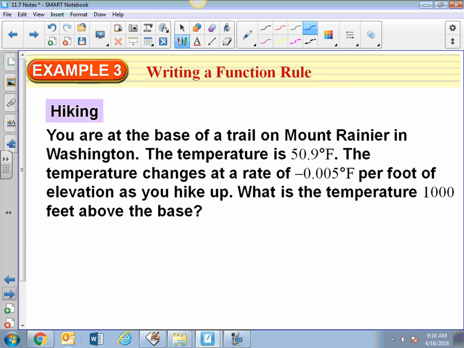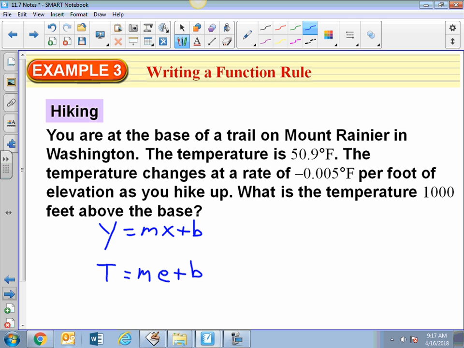Okay, so it looks like our temperature is going to be dictated by our elevation. So first off, if I think about this in terms of a slope-intercept form equation, our y, which is always your dependent variable, is dependent on our elevation. So my y, I'm going to consider temperature, because I know that is going to be dependent on our elevation.